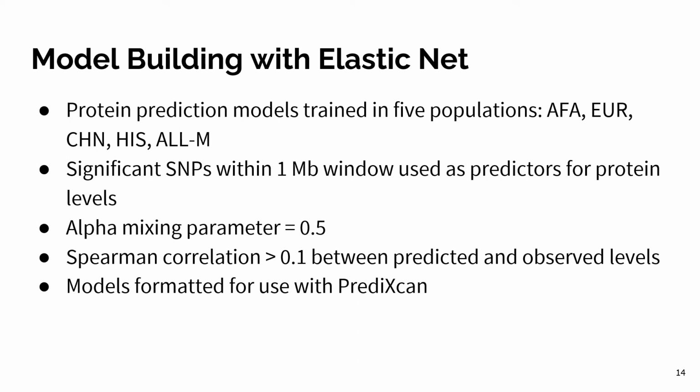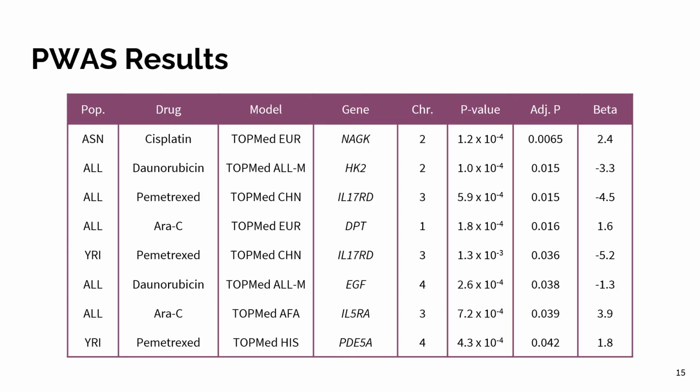And we also used an alpha mixing parameter of 0.5 and a Spearman correlation of greater than 0.1 between predicted and observed levels as a determination for which models would be considered significant or not. And then all of these models were formatted for use with PredictScan, so we could conduct our association studies using the same PredictScan to GEMMA pipeline.